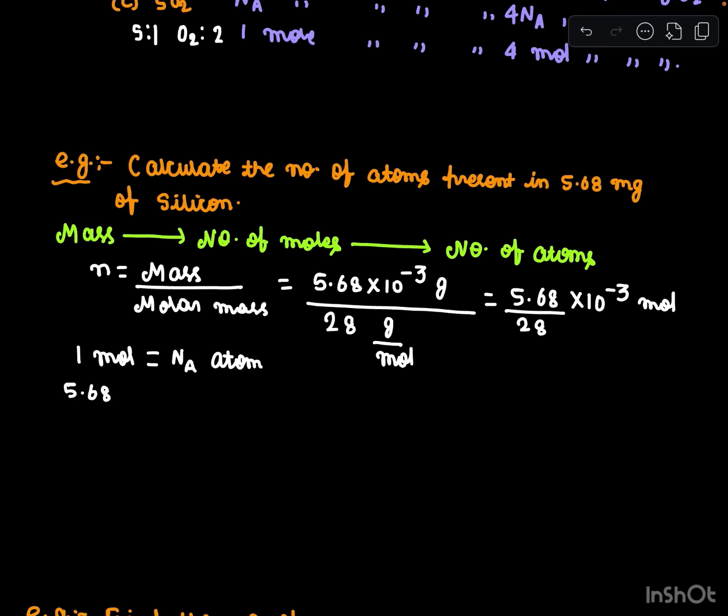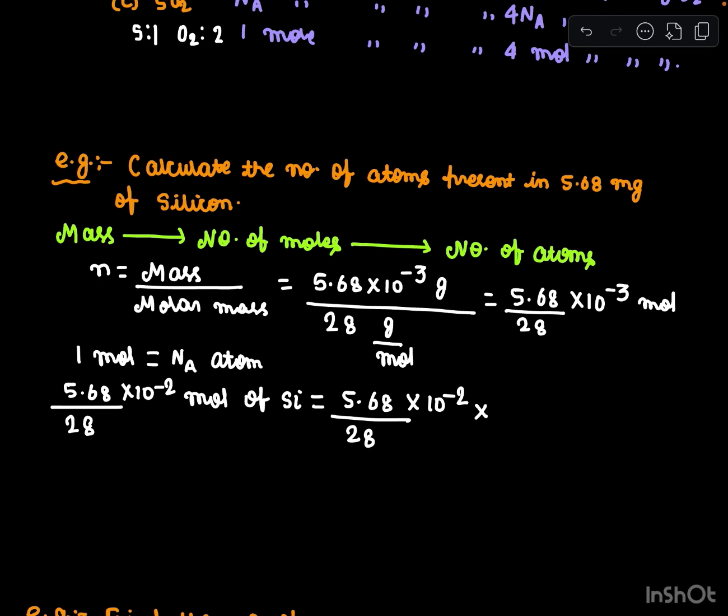Now let's calculate. 5.68 divided by 28 into 10 to the power minus 3 mole of silicon is equal to 5.68 divided by 28 multiplied by 10 to the power minus 3, multiplied by Na, which is 6 into 10 to the power 23, atoms of silicon.